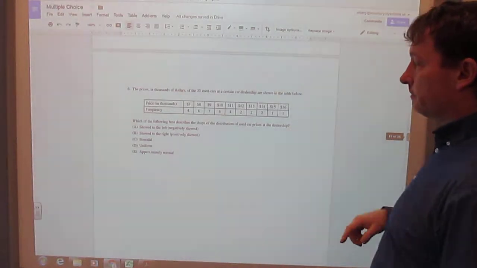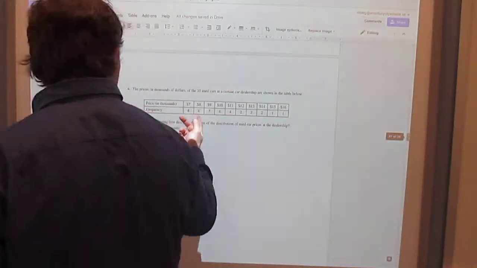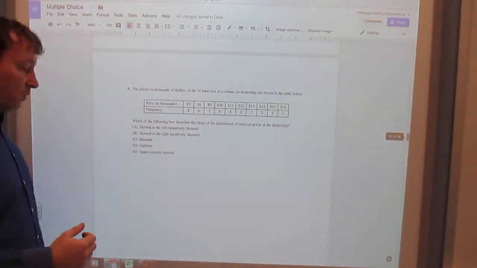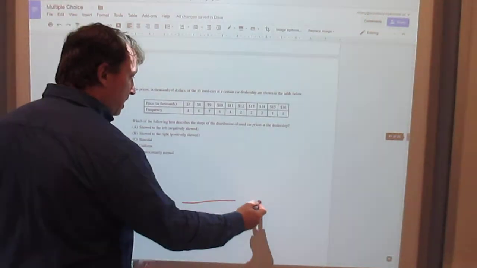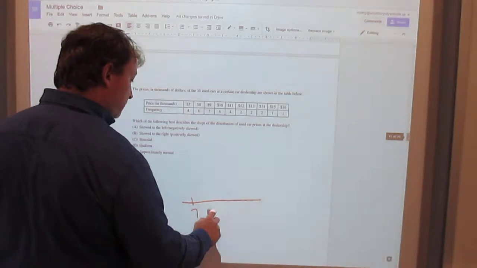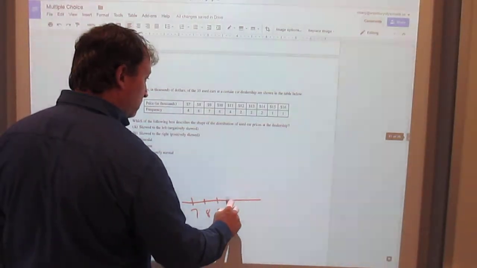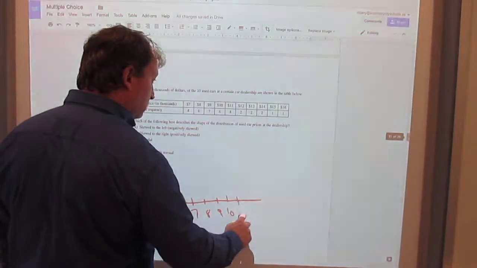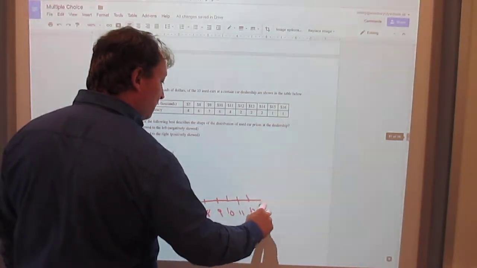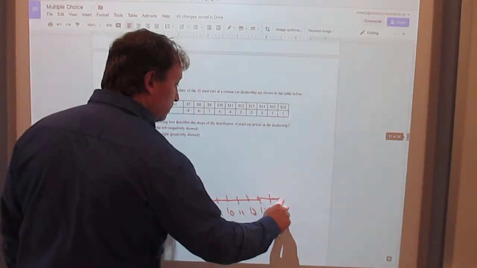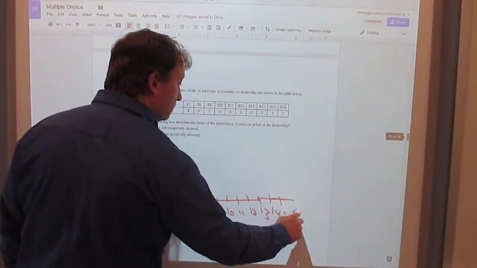Over here, they don't give you a visual display of data, but we can very well make a very quick copy of this. 7, 8, 9, 10, 11, 12. I mean, if you can't see it, some of you might be able to look at this and see where the skew is, or if there is no skew.